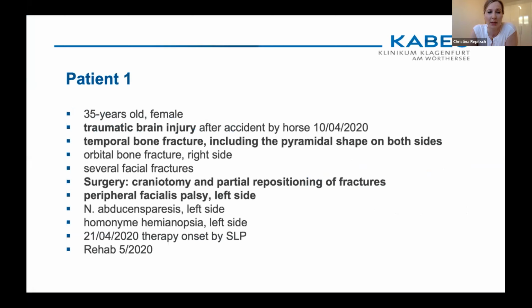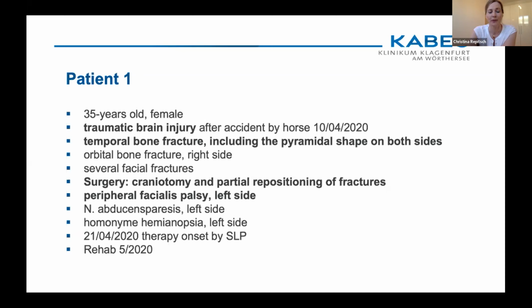She had a temporal bone fracture, including the pyramidal shape of both sides and several facial fractures. She got a craniotomy and a repositioning of fractures. And after the accident, she had a peripheral facial palsy.